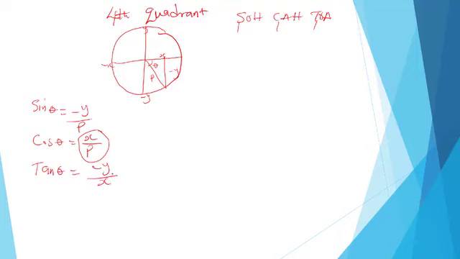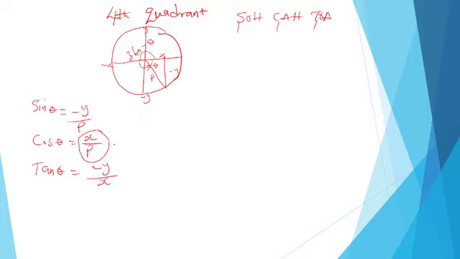So tan in this quadrant assumes a negative value. 360 minus theta should be what we'll be having in this quadrant, because the total circle forms 360 degrees. So 360 minus theta will be the angle of equivalence.